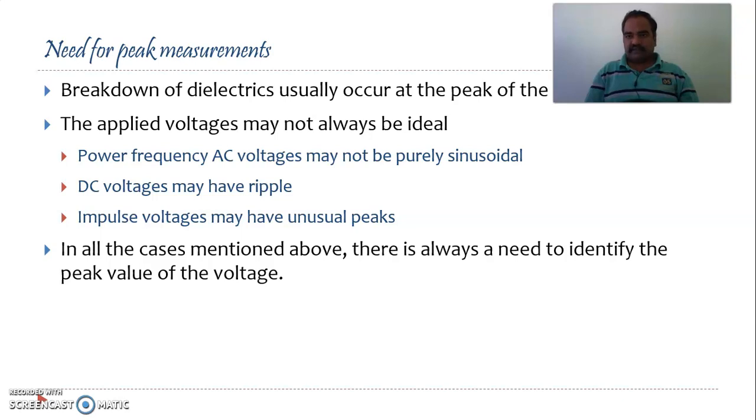DC voltages usually contain ripple. Impulse voltages don't have perfect peaks; we always experience unusual peaks in them. So for all these types of voltage, there is always a need to identify the peak value, because it may create a breakdown in the dielectric medium.